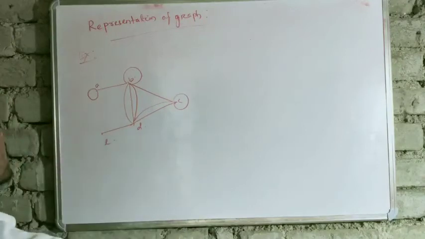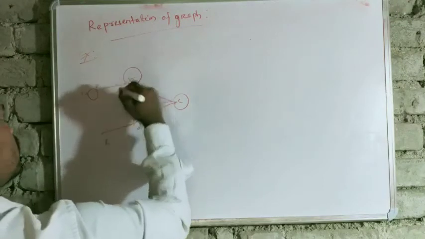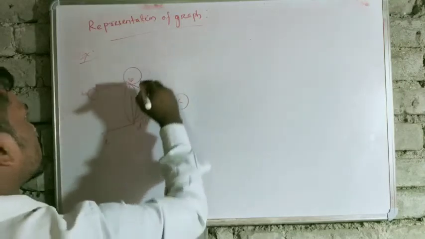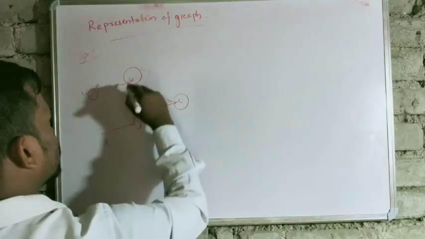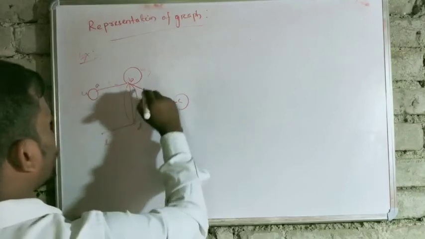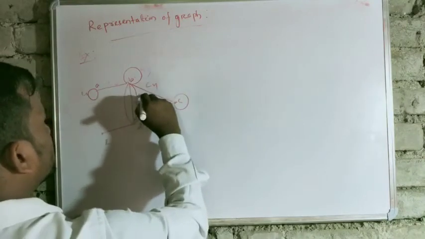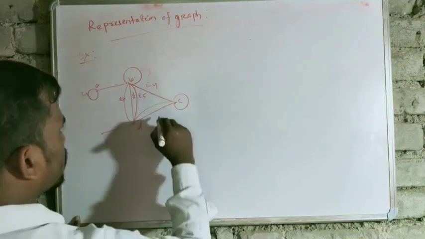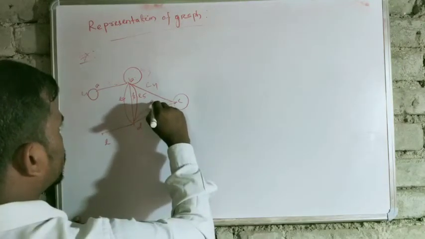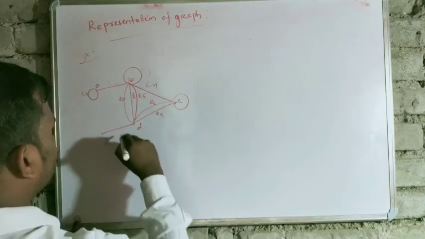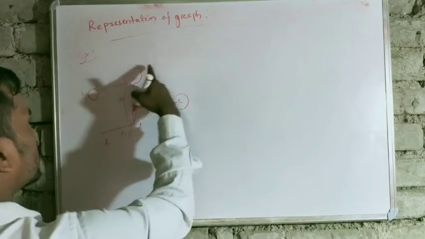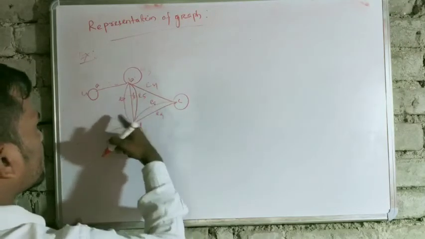Now name the edges. Let this be your E1 and this is E2. This loop is your E3, and make this E4, E5, E6, E7. Then name this as E8, E9, E10.